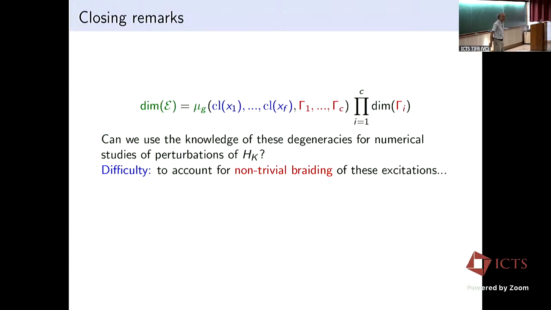Exactly. So it's related to the well-known fact that when you have the so-called regular representation of the group, that is, a vector space whose basis vectors are labeled by group elements, its dimension is the dimension of the group, and each irrep appears with a multiplicity equal to its dimension. So I think that's precisely this phenomenon that appears.